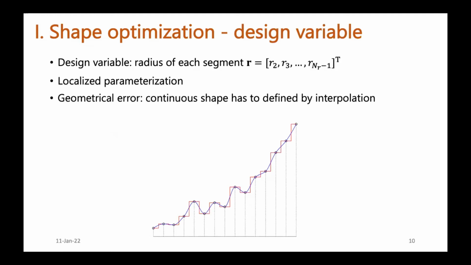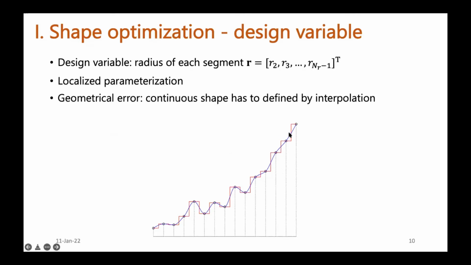And how can we develop a multimodal optimization based on the model? A simple idea is to define a series of design variables directly as the radius of each segment.